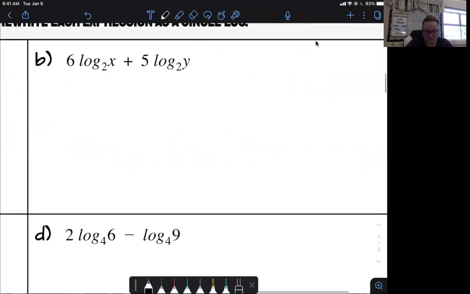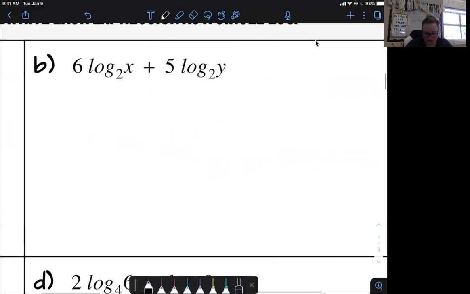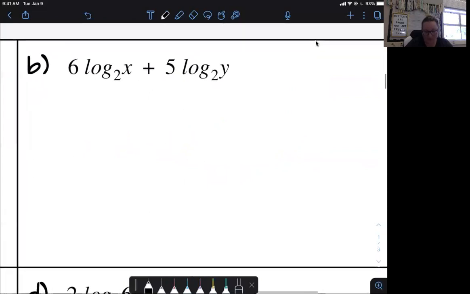All right, so now I want you to try part B on your own. So you have 6 times the log base 2 of x plus 5 times the log base 2 of y. The first thing you need to do is bring that 6 that's being multiplied by the log back in as an exponent, and the same thing with the 5.